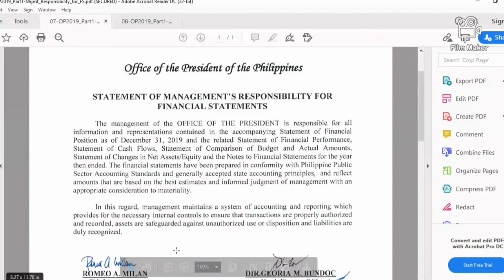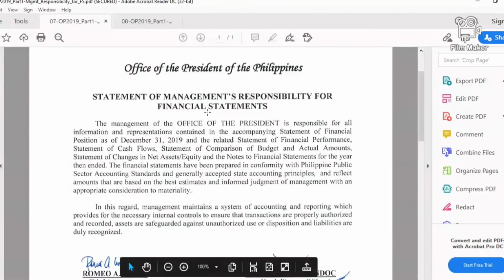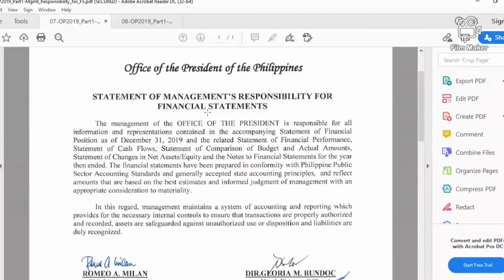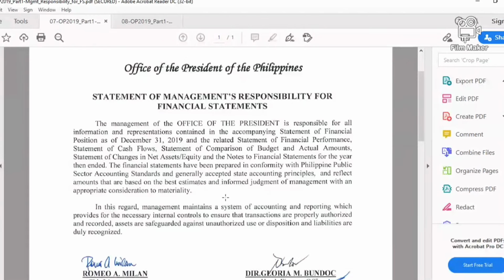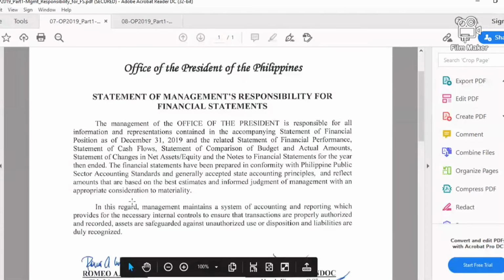So, eto kung meron na kayong mga nababasang financial statements sa public or sa private company or commercial entity, yung mga nag-OJT na dyan, na nakakita na ng mga FS ng iba't ibang company. Aside from the FS, meron pong statement of management responsibility na sinasabi na ito yung pine-present namin, ano yung period, and in accordance with what standard. So dito sa Office of the President, in accordance with PPSAS.